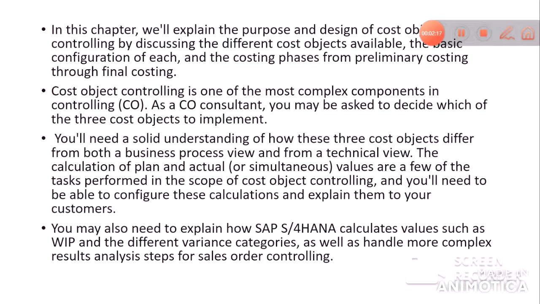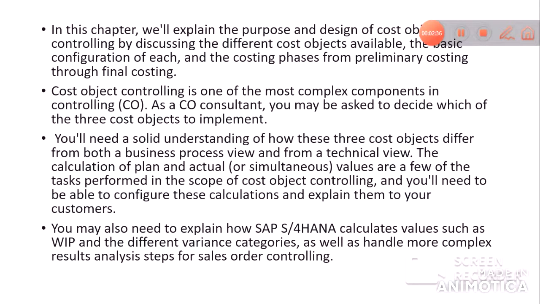You may also need to explain how SAP S/4HANA calculates values such as work in progress and the different variance categories, as well as handle more complex results analysis steps for sales order controlling.